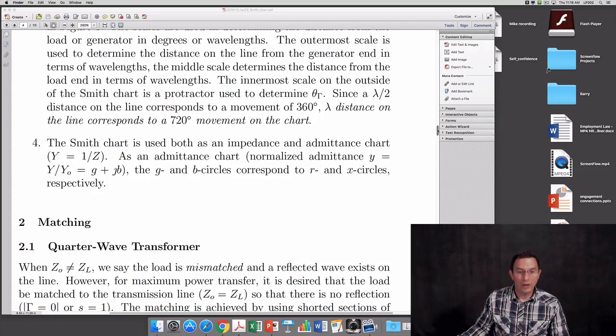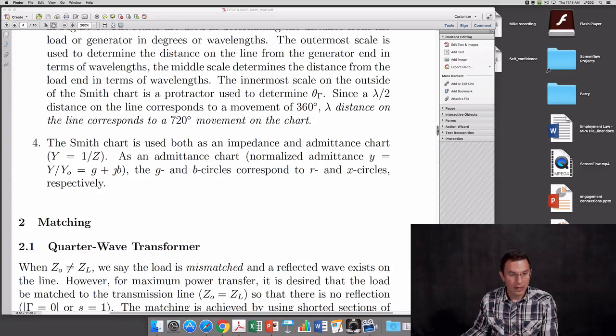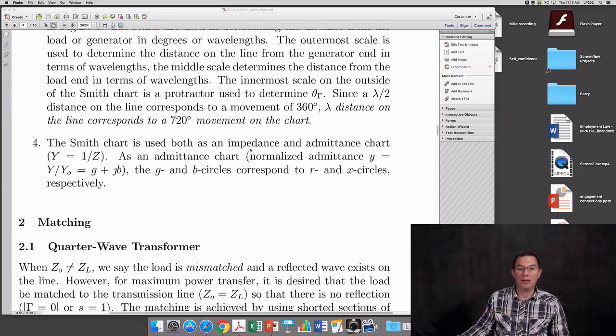Another thing to note is that the Smith chart can be used as both an impedance and an admittance chart. Remember, admittance is simply the reciprocal of the impedance. As an admittance chart, the normalized admittance, which is the admittance of the load divided by the admittance of the line, is written little g plus jb.